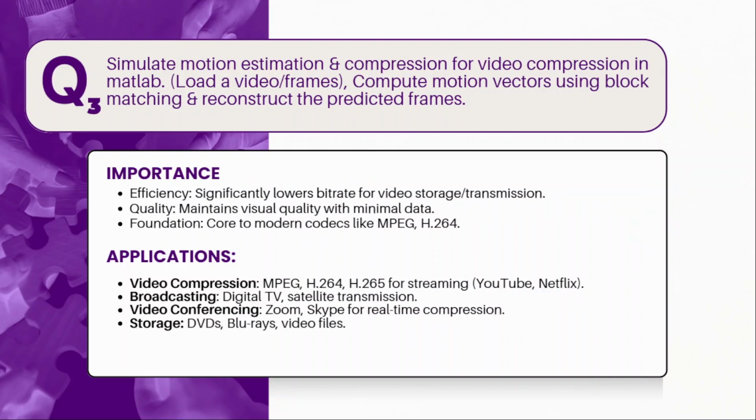It lowers bitrate for video storage and transmission, maintains visual quality with minimal data, and is the foundation of core MPEG and H.264 formats. Applications: video compression, broadcasting like digital TV, satellite transmissions, and video conferencing, whatever we use, Cisco WebEx, Zoom calls, Skype, for real-time compression. In all those, motion estimation is used.